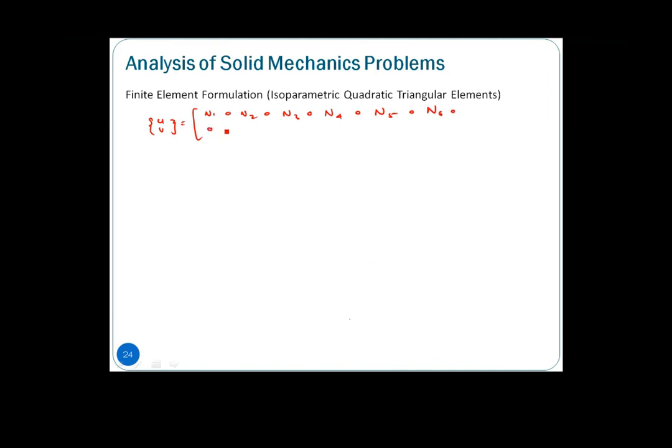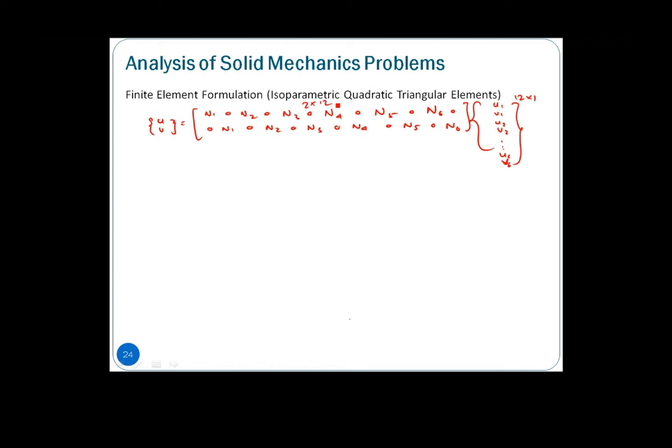This is our N1 N2 N3 N4 N5 N6, multiplied by u1 v1, u2 v2 until u6 v6, right? So here it is 2 times 12, times 12 times 1.